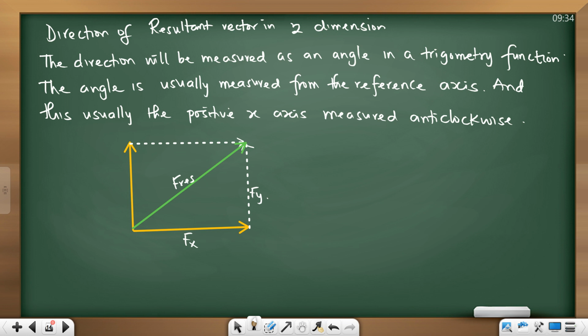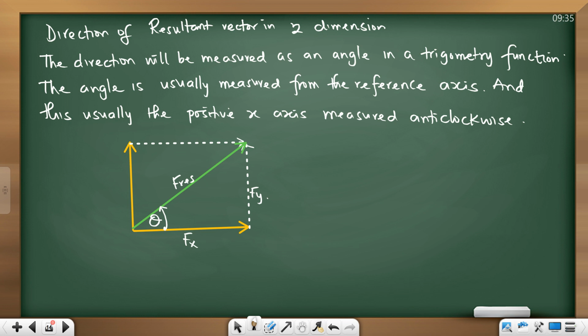Ideally, we start from the x-axis because that's how we were doing trigonometry in grade 10. We start from the positive x and measure anti-clockwise. That's the angle there. This is the angle.